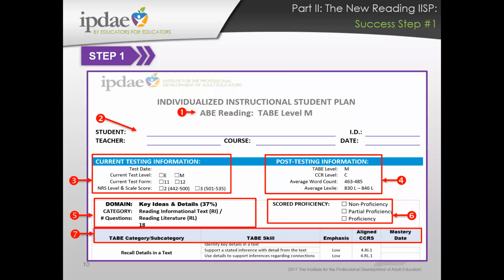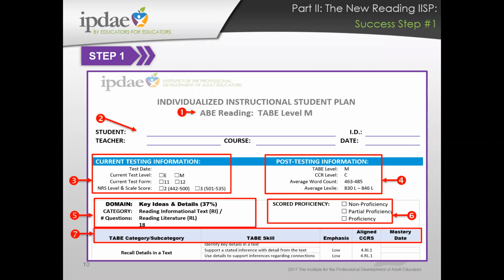First, let's carefully look at each section of the plan so that we understand it. At the top, where you have section number 1 with the arrow pointing right, you have the name and level of the IISP. This one is the IISP for reading for the level M TABE 11-12 test. But what does this mean really?